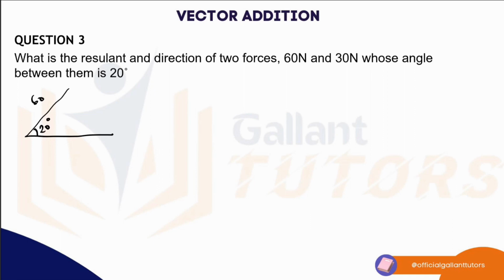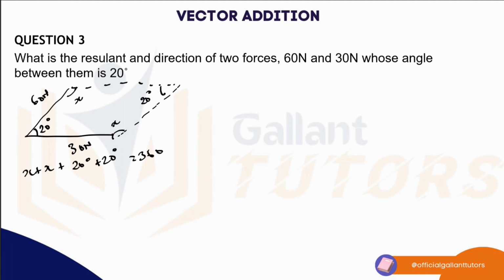So we have 20 degree here, we have 60 Newton, and we have 30 Newton. So you can just connect the dots. Here will also be what? 20 degree. So use what you learned so far to get x. So x plus 20 degree plus 20 degree equals 360 degree.